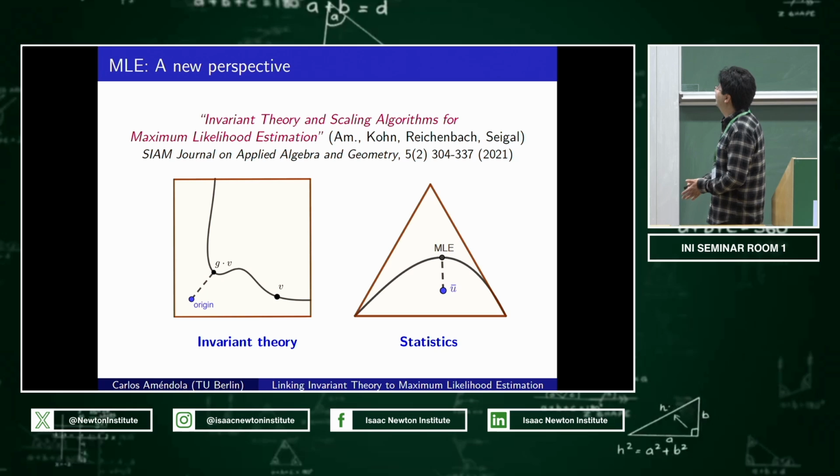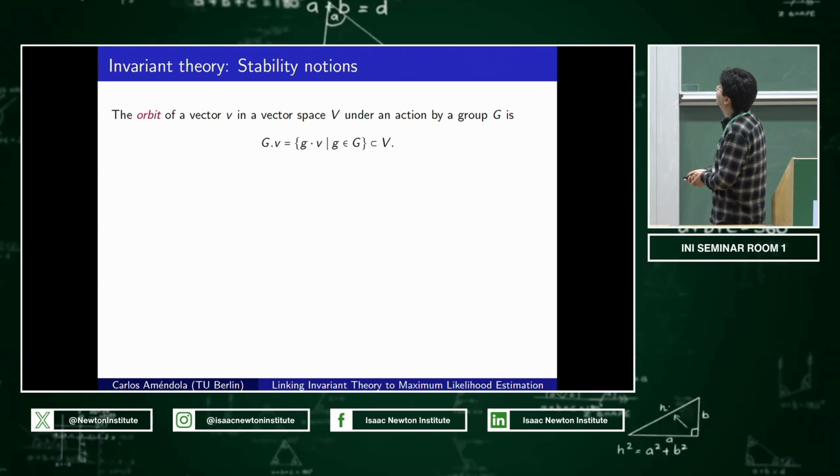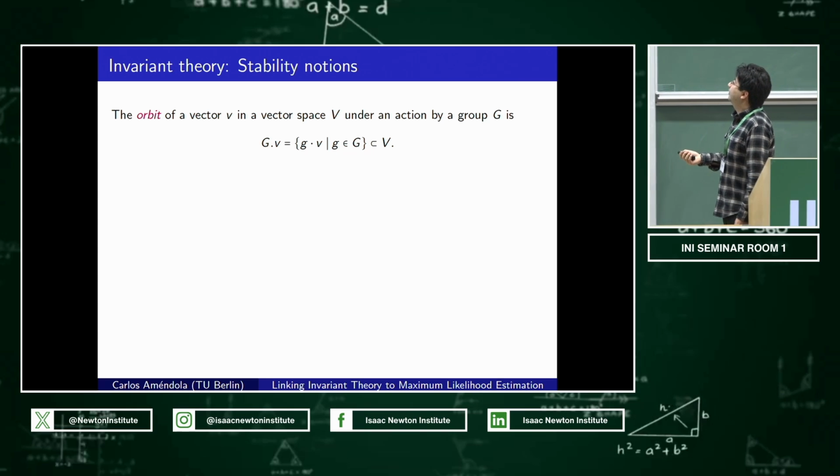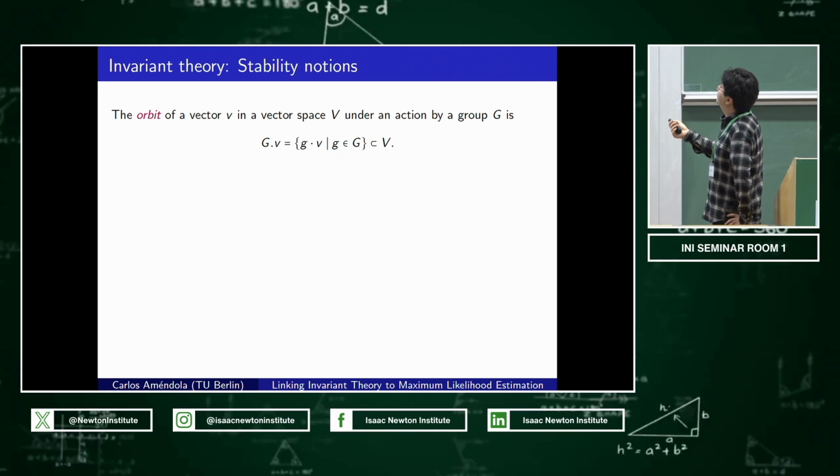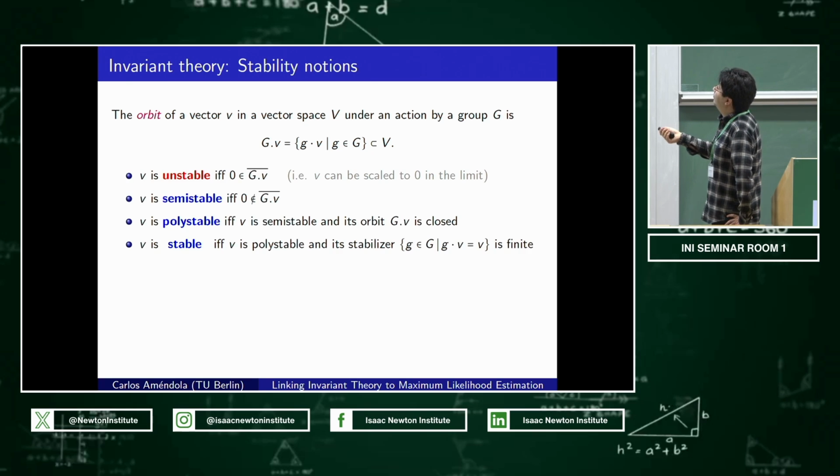I think many people here are familiar with that problem, but let's also define these notions of stability. So you have a vector v, you have the orbit, the set of all elements obtained by acting by a group G, G dot v, that would be the orbit of v, and then we have these 4 definitions in stability.